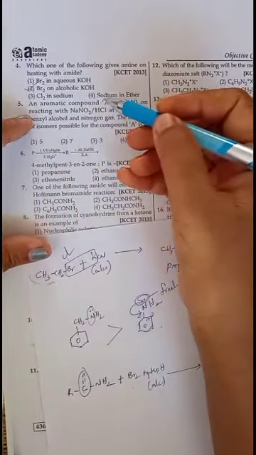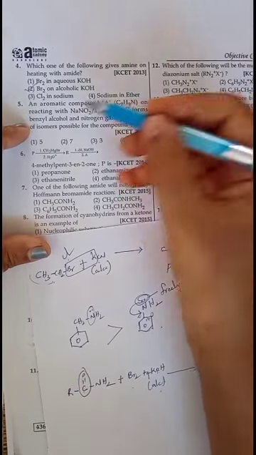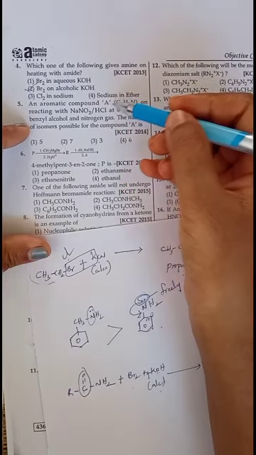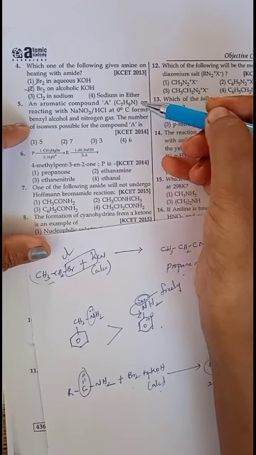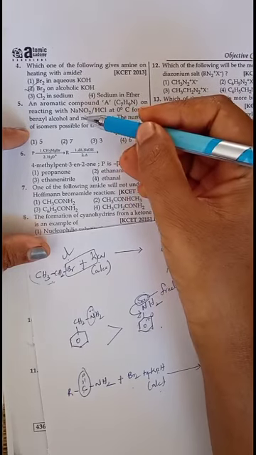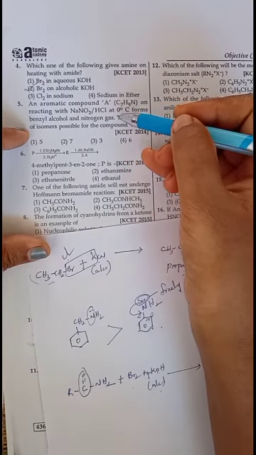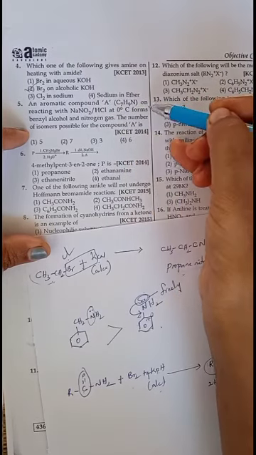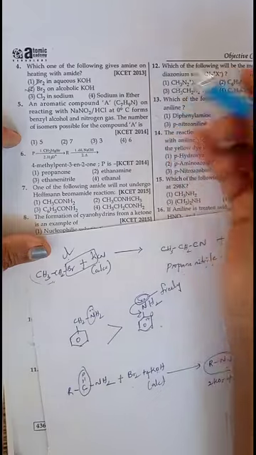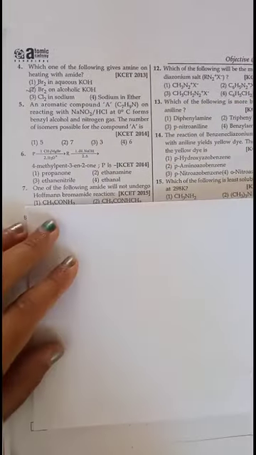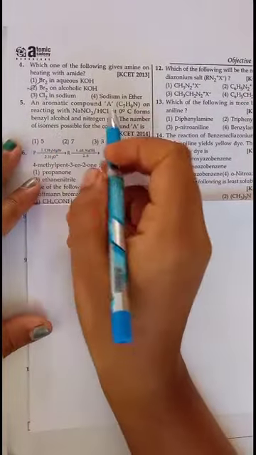An aromatic compound A on reaction with sodium nitrite and HCl at 0 degrees Celsius forms benzyl chloride, that benzyl chloride, and nitrogen gas. The number of isomers possible for the compound A is? So first write down the reaction for this information.